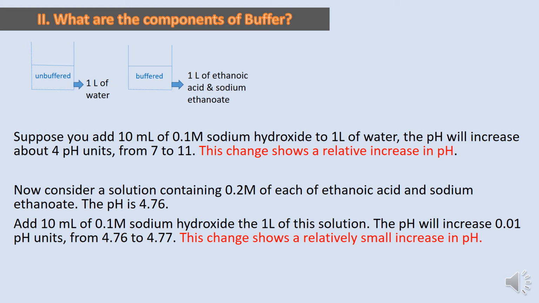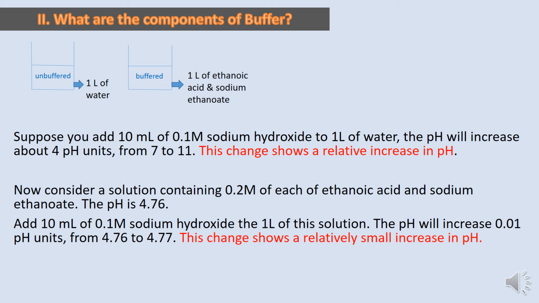In the second beaker, the buffered solution, we put 1 liter of ethanoic acid with sodium ethanoate. Now, suppose that you add 10 milliliters of 0.1 molar sodium hydroxide to 1 liter of water. What do we observe? The pH will increase about 4 pH units, from 7 to 11.